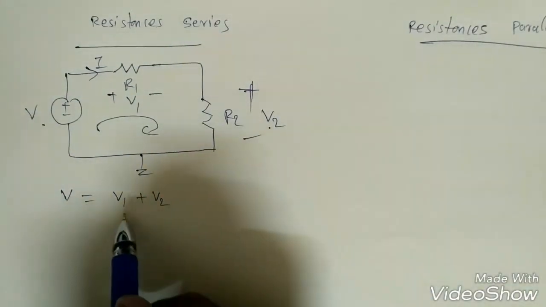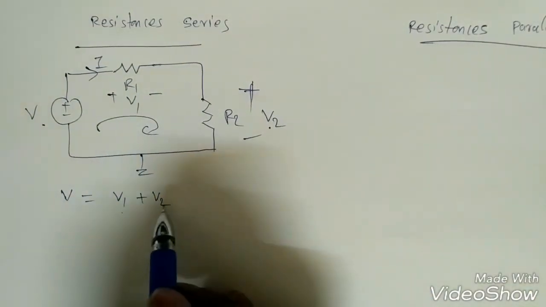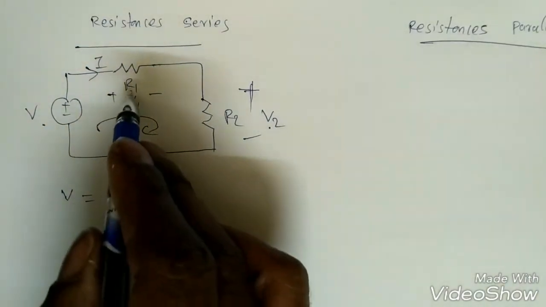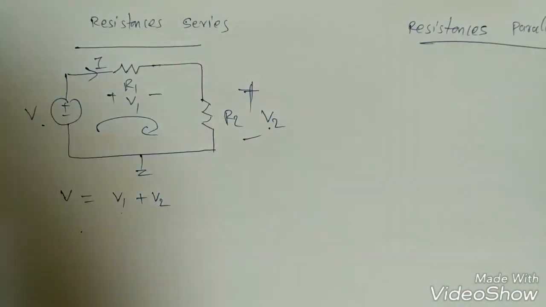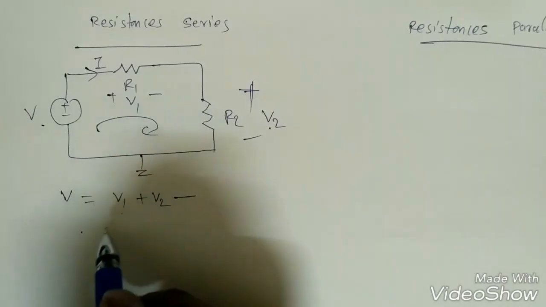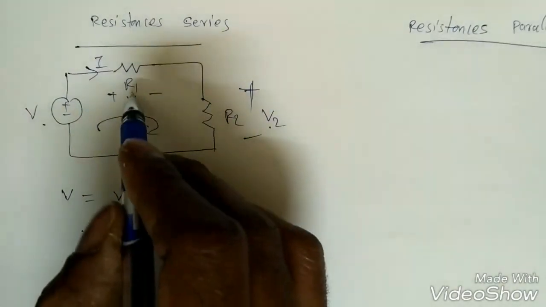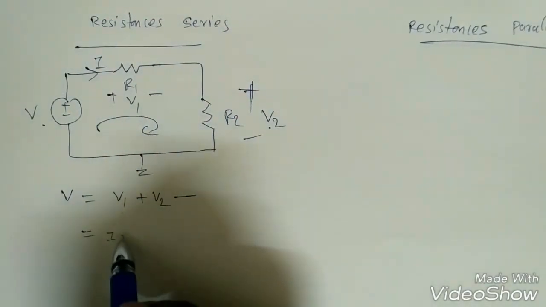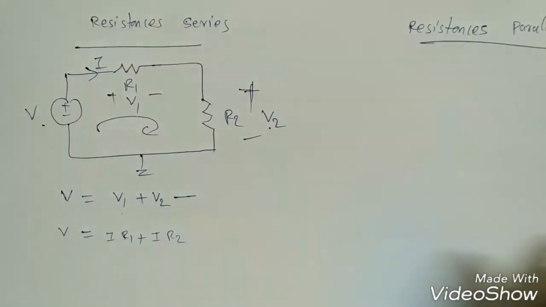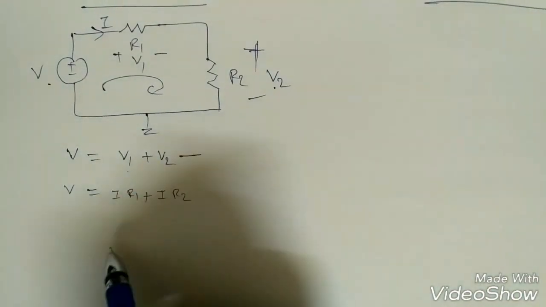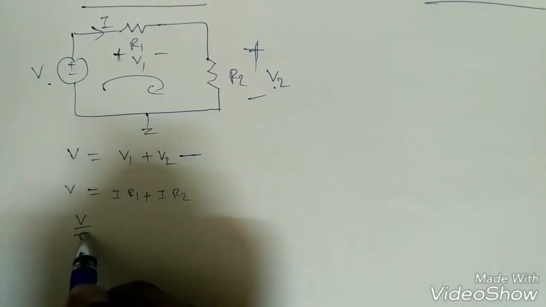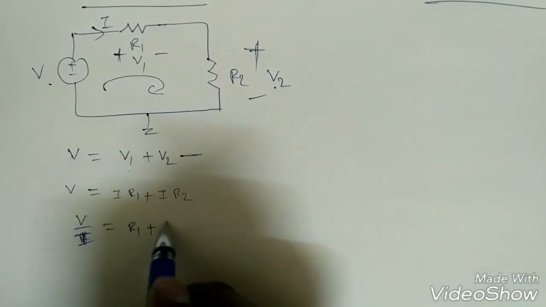Now if I want to find V1 and V2, what notation do we need to use? We know that R equivalent is R1 plus R2. If I apply KVL, we get this expression, and then Ohm's law across R1. V1 is I into R1, and here you get I into R2, and that together is V. So V by I is equal to R1 plus R2.